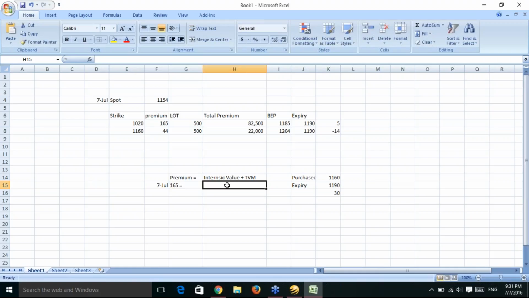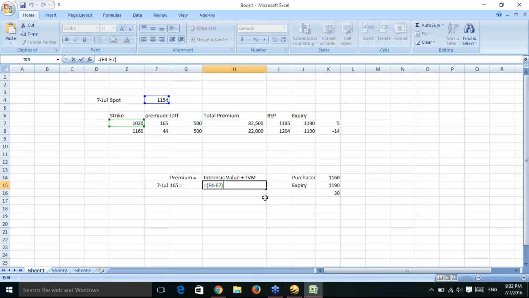The intrinsic value should be the spot minus the strike price. So the spot price is 1154 and minus the strike price 1020. So 134 is my intrinsic value.